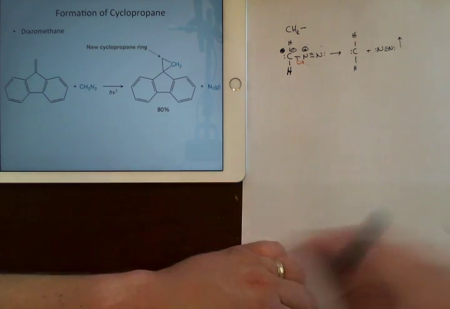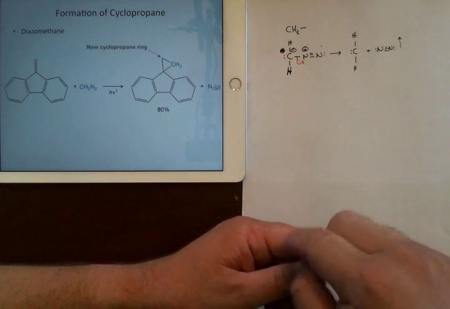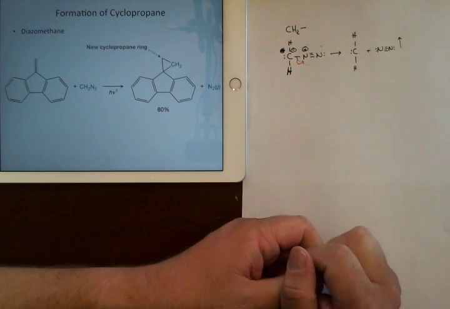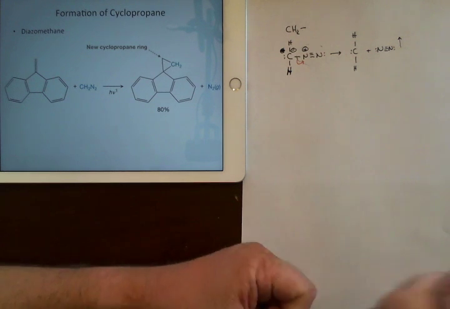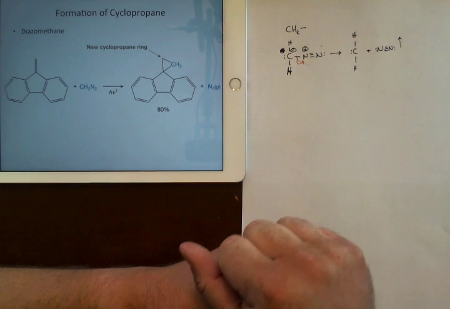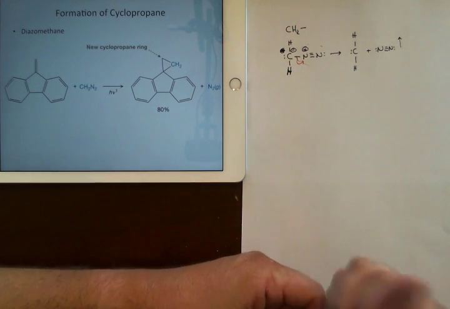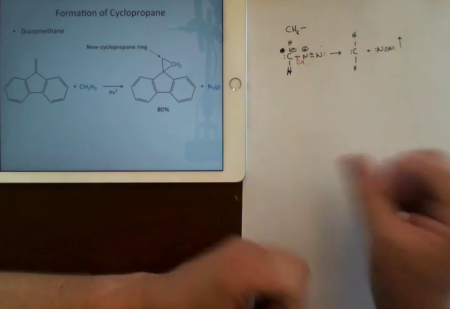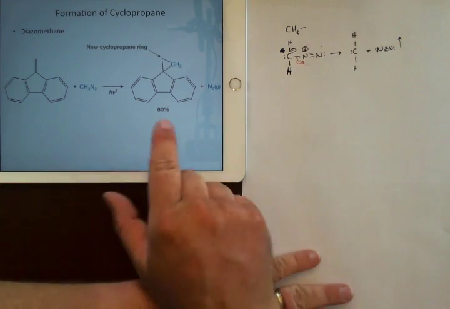It's to the point where if a little bit is trapped on a ground glass joint, in the grease, and you make the connection and twist it, that little bit of grinding is enough to set it off, and you get an explosion. Your bond can go boom. But it's really good at making a carbene.